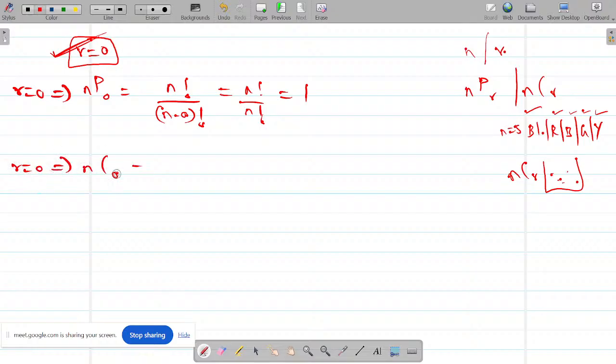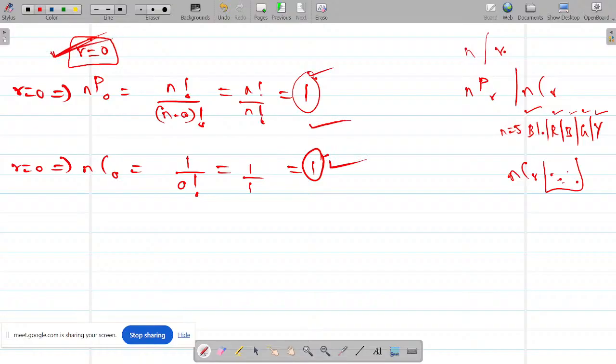This is already 1 divided by 0 factorial, which is 1 divided by 1. What do you understand from both being 1? You don't do anything, which means there is no arrangement, yet there is already an arrangement. You don't do anything, already there is a grouping, which means one grouping is there. So the answer is 1.